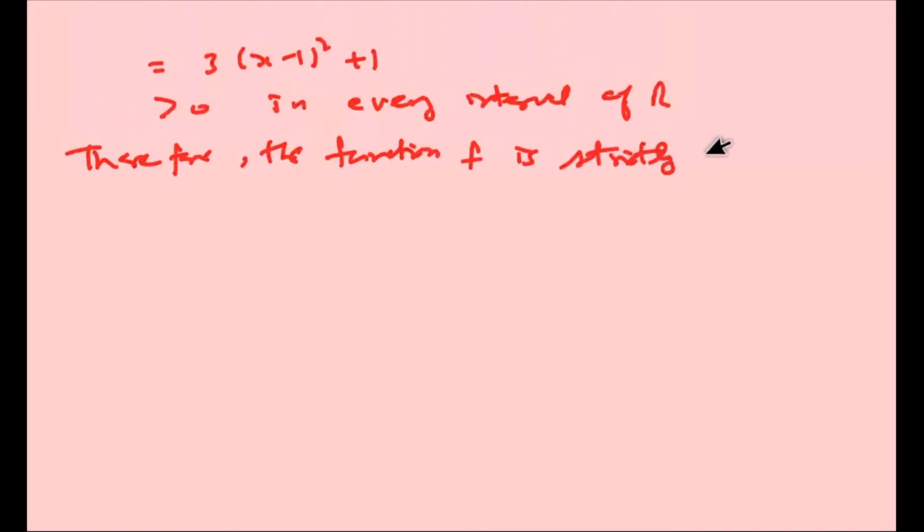So this f dash x greater than 0 tells us it is strictly increasing on R. Okay, therefore the function f is strictly increasing on R. Are you understanding? For all values, never is it equal. It is always greater than 0. So it is strictly increasing.